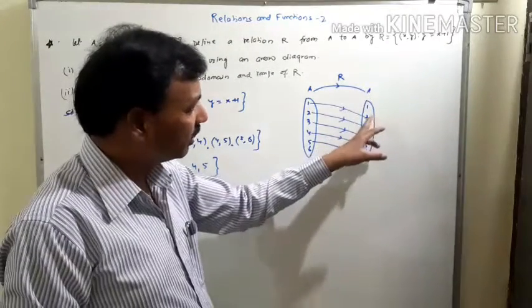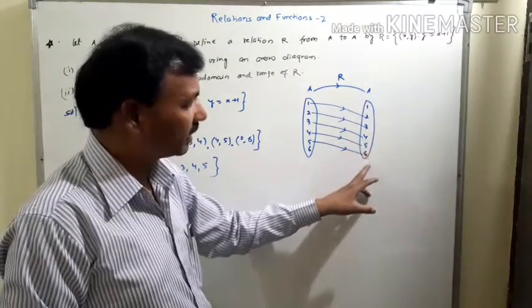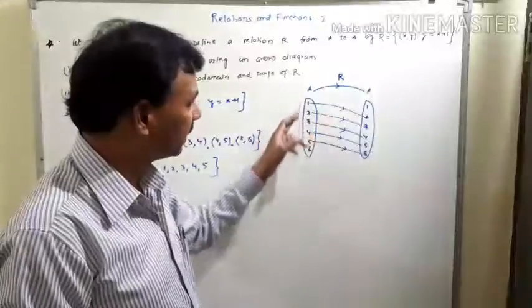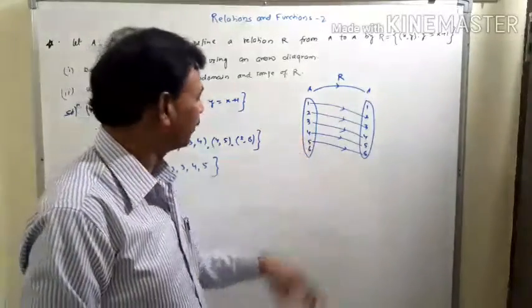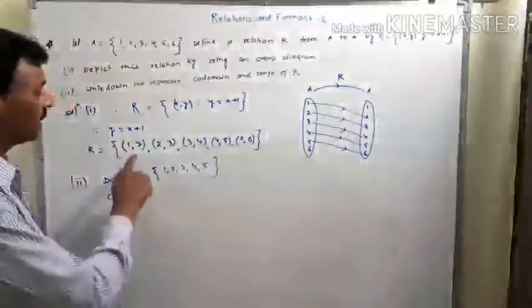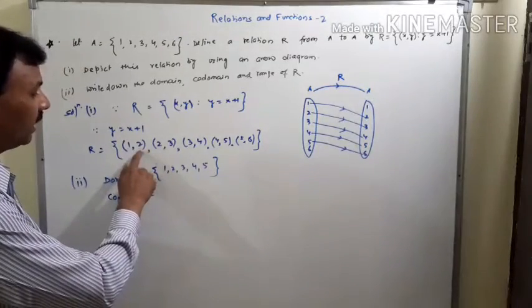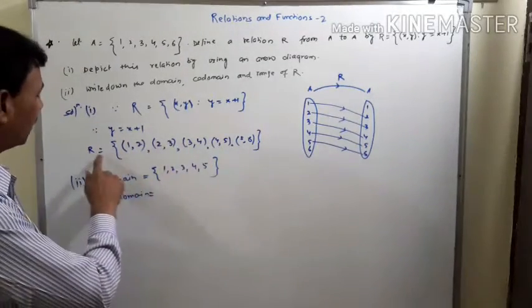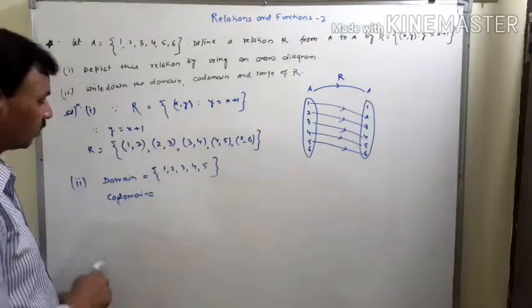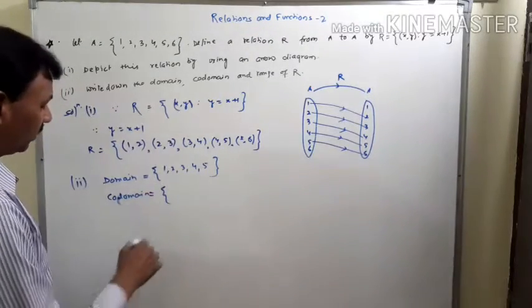You can see here only 2, 3, 4, 5 and 6 have a pre-image in this set. Or in other words, the second element of each ordered pair of this relation is known as codomain.